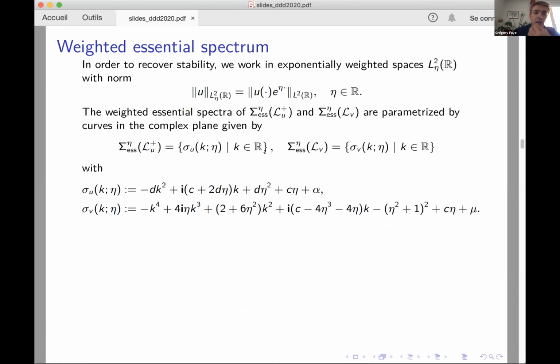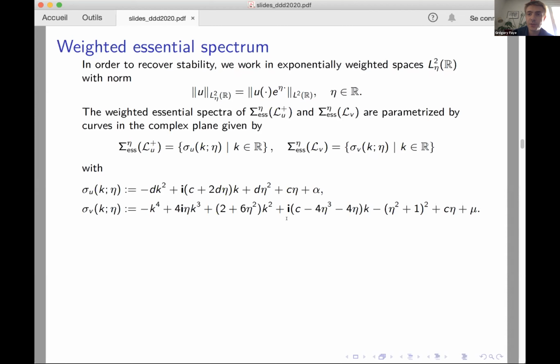We can define these weighted essential spectra exactly the same way, just by conjugation with the exponential to some power eta, which is a real number. Because the operators still have constant coefficients, their essential spectra are just parameterized curves in the complex plane. It's a trivial computation to see that once you're in these exponentially weighted spaces, the two essential spectra are shifted that way.